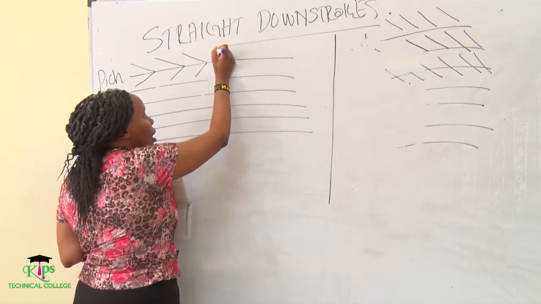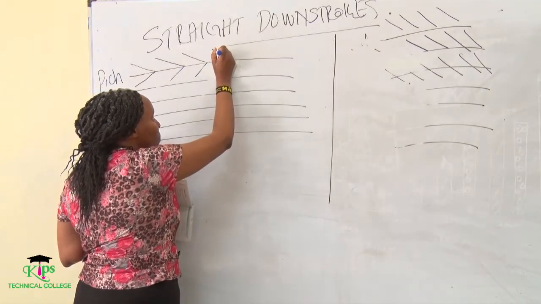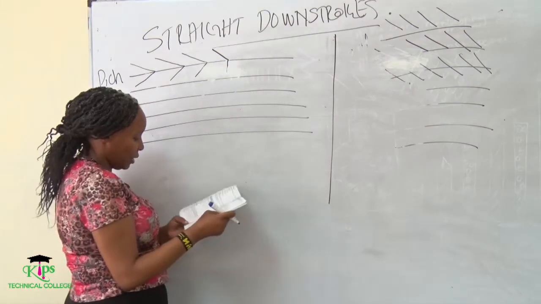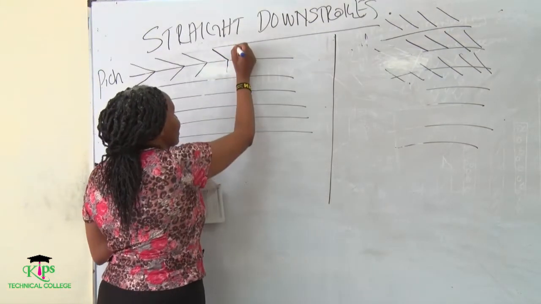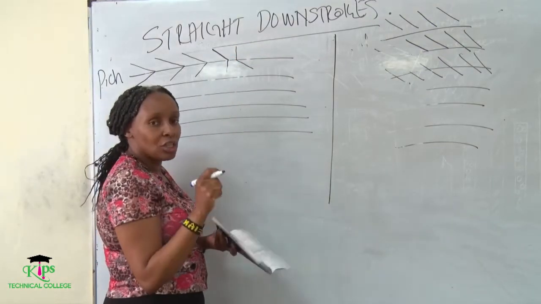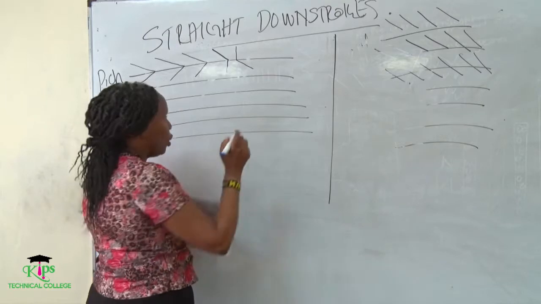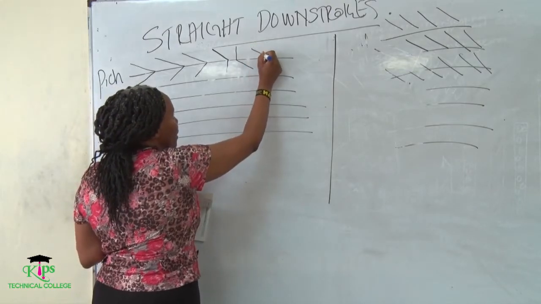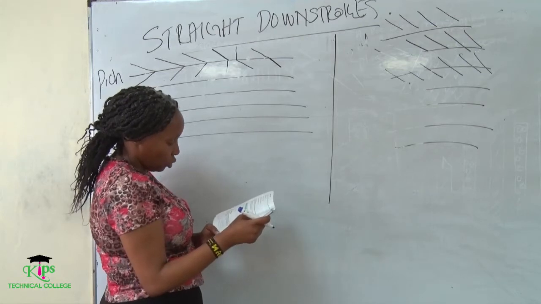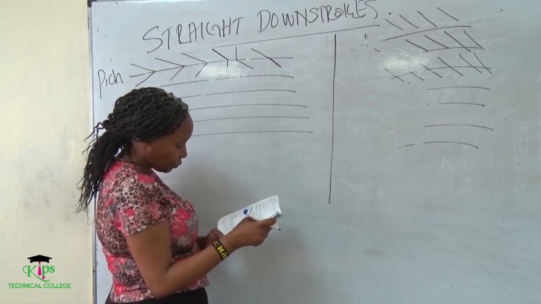For example, B, T, B and then T. Then we have T, P, so you don't lift the pencil. We've got P, B. Yeah, we've got PB.